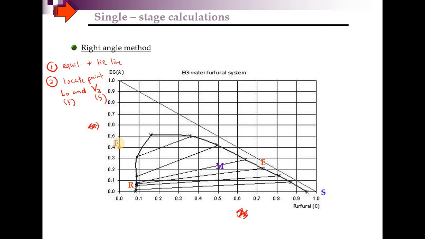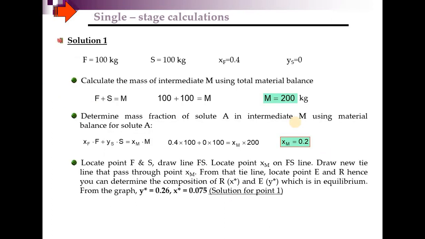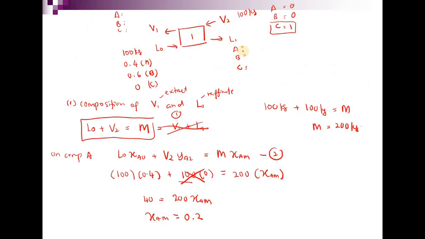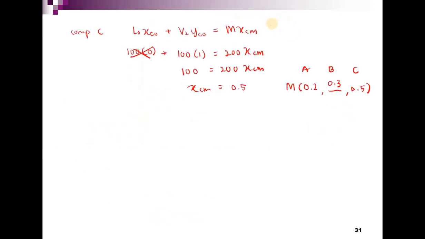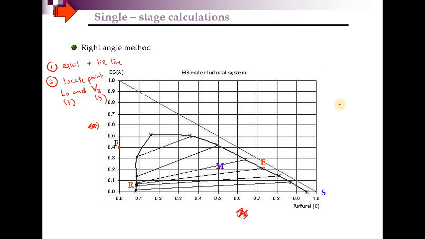And for solvent, A and B are 0, so C is equal to 1, so the coordinate for solvent is here. You join these two dots by a straight line.